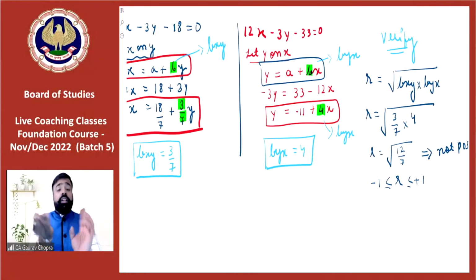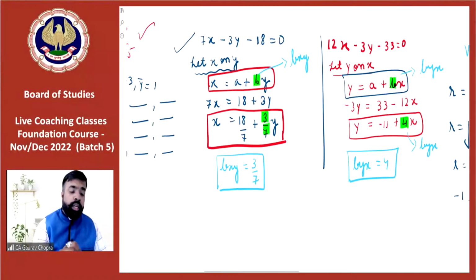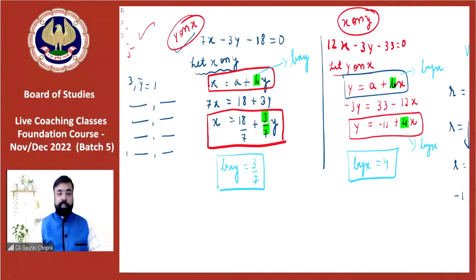That means the reverse of the assumption is true. So now we can say that the first equation will be y on x instead of x on y, and the second equation will be x on y.